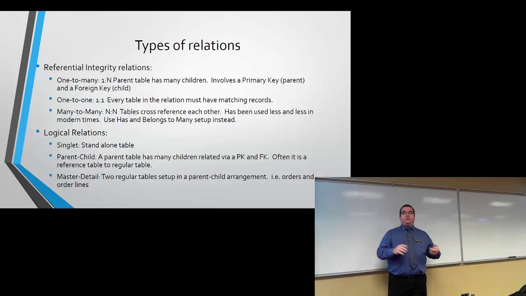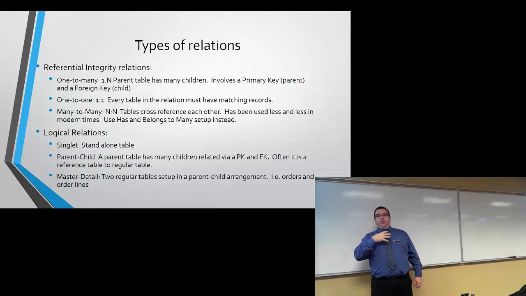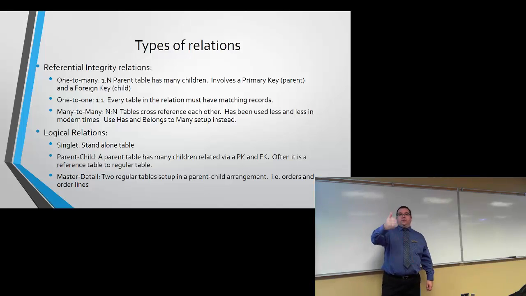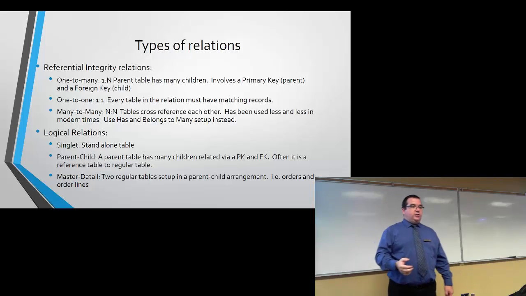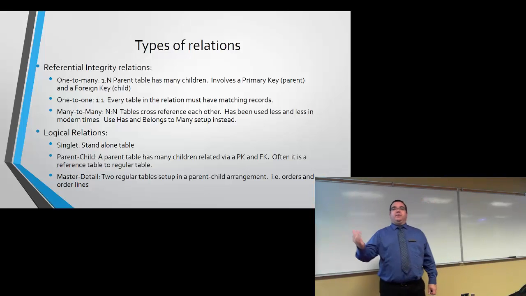That means there's cross-references between many tables. For example, right now I've got one prof for this class. But if you take this program, you've got many students and many instructors. That's a many-to-many relationship. A student has one prof for this course, but in the program, you've got many students with many profs. Those are many-to-many relationships. So those are referential integrity.